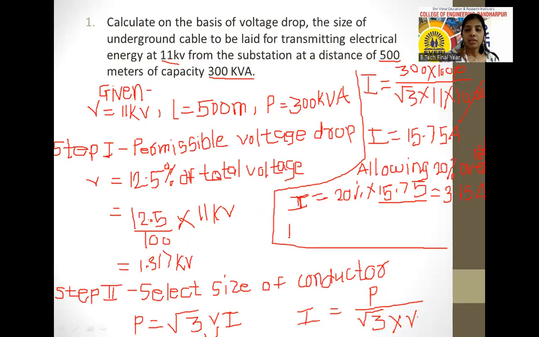Now total current. Total current means this current plus 20% additional current. Total current is 15.75 plus 3.15.